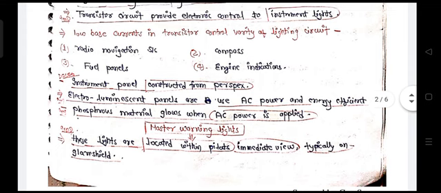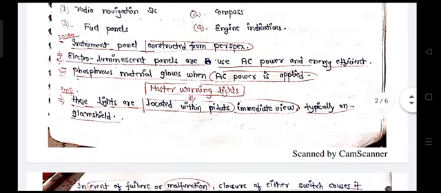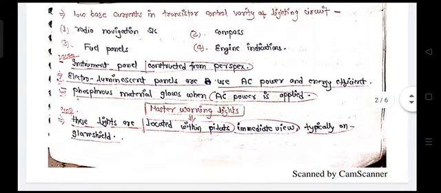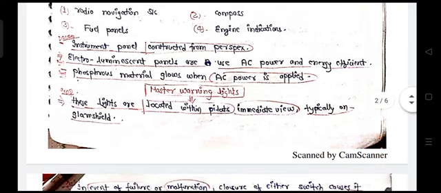And you have other things like the radio navigation system, fuel panels, compass, and engine indicators. Over here also, low base currents in a transistor can control all these lights used in the radio navigation system, fuel panels, compass, and engine indicators.